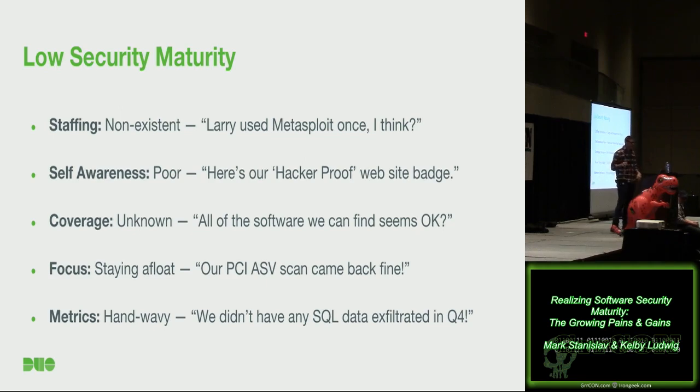You might, and keyword might, be doing some software security related work, like maybe penetration tests from a third party, but the value that you're getting from those may be limited, it may be unrealized, and it may be done with very inconsistent frequency. Additionally, coverage metrics, or just metrics in general, are sparse if they exist at all, and if they do exist, they are unlikely to be meaningful.